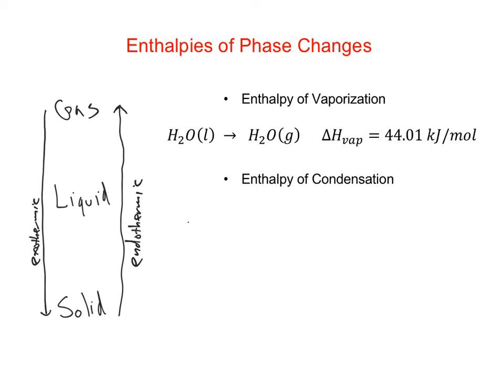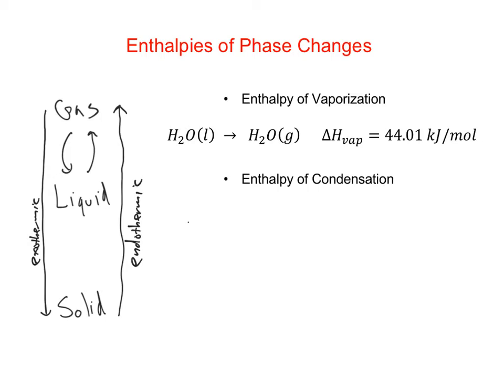And another way in that the enthalpies of phase changes are related is that if I'm going from a liquid to a gas, or a gas to a liquid, and then the other opposite phase change, this applies as well, the magnitude of the enthalpy involved is the same. It's just the signs that are different. So when I'm going from a liquid to a gas, and so I have vaporization, that's going to be an endothermic process.